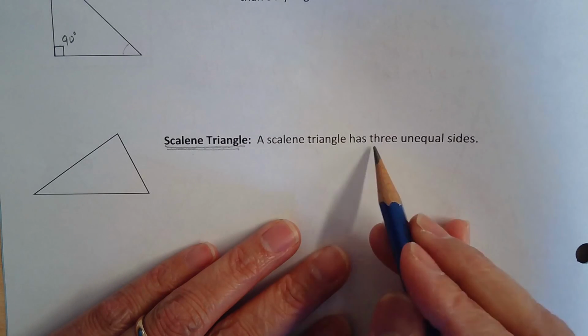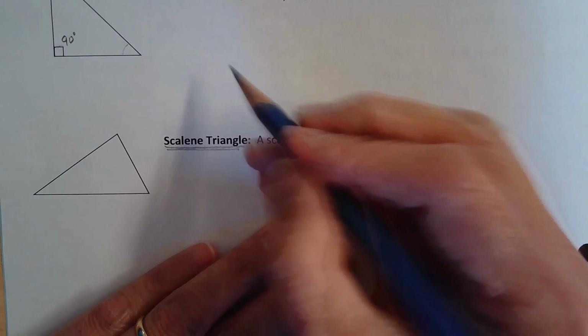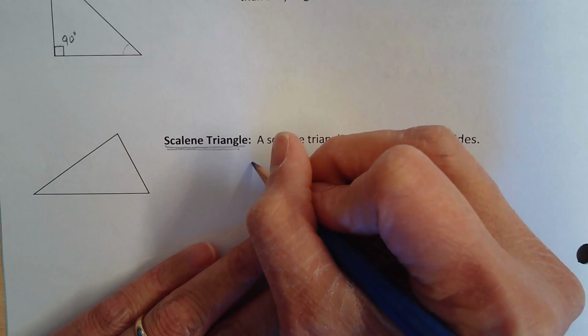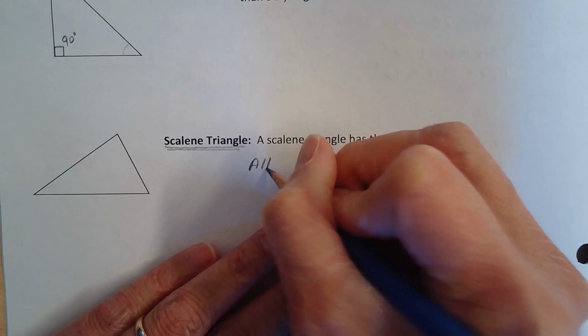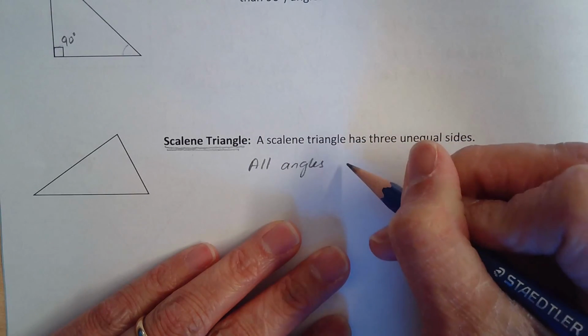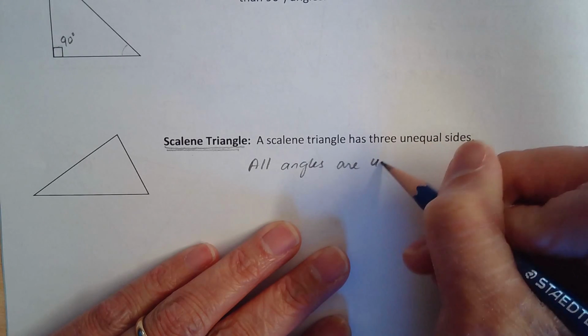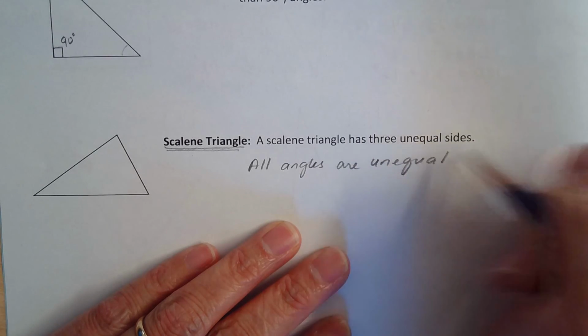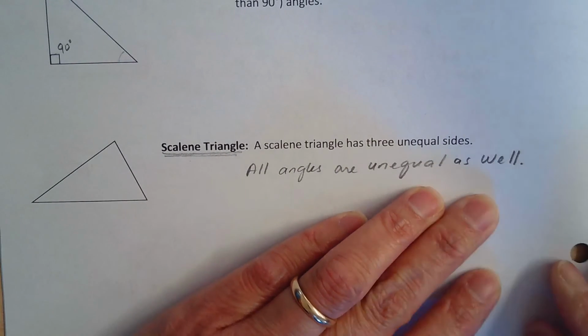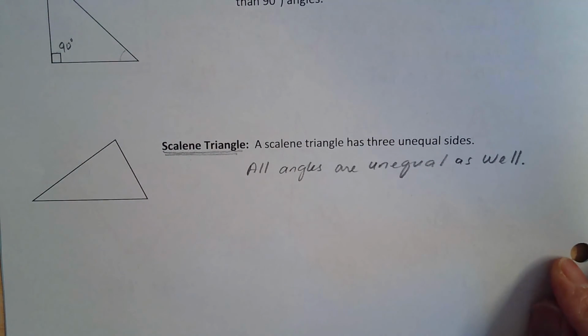A scalene triangle has three unequal sides. None of them are equal, and all angles are unequal as well. So none of the angles are the same.